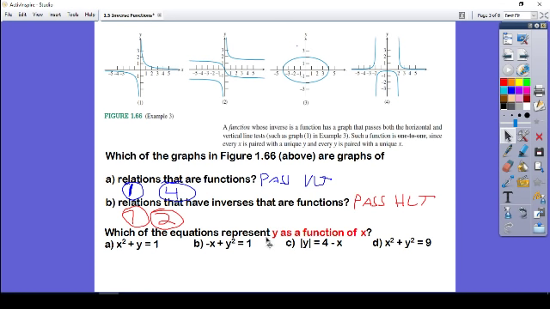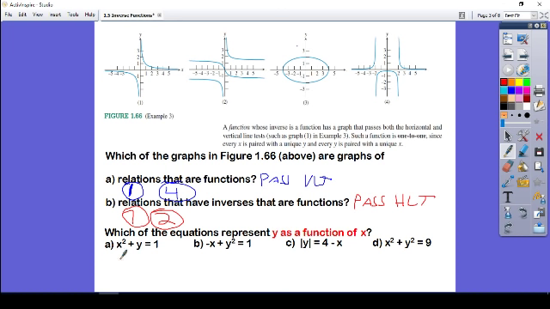Which of the equations represents y as a function of x? Okay, so we have to see if these represent functions or relations. So A is x squared plus y equals 1.